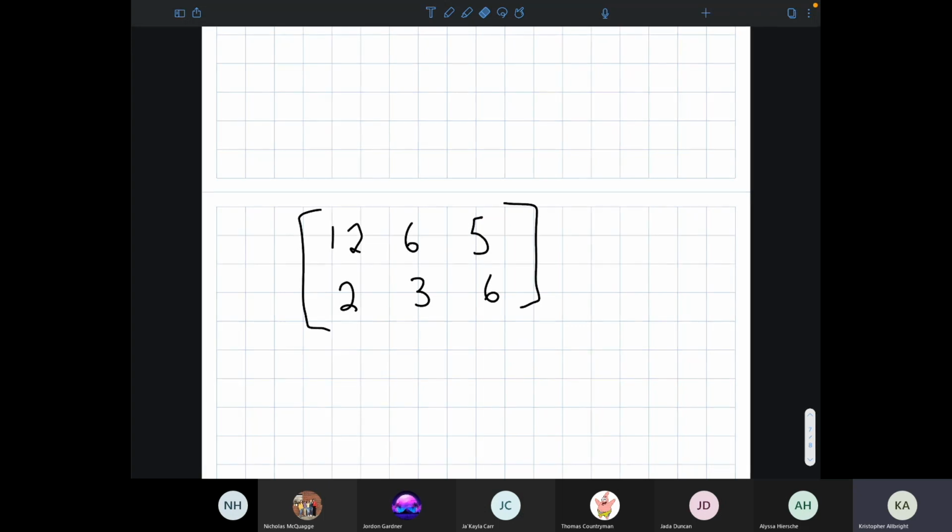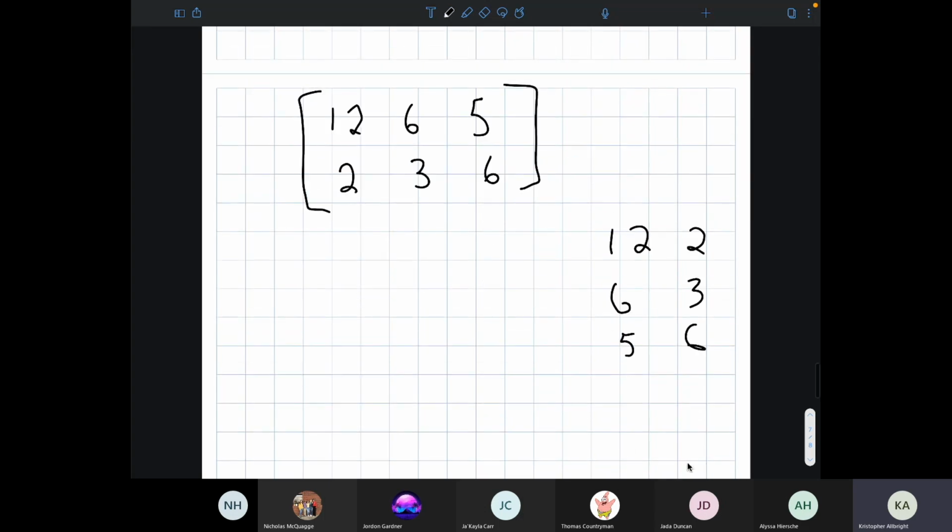Maybe you could. I think it's 12, 2, 6, 3, 5, 6. So you want it to be a column matrix instead of a row matrix. Yeah, because that's how they like the column. Okay, that's fine. I'm not your teacher, I didn't make this, but if you want to write it as 12, 2, 6, 3, 5, 6, and do that.